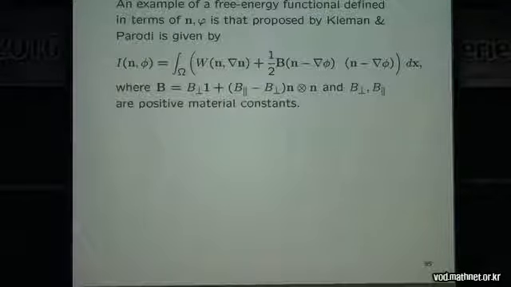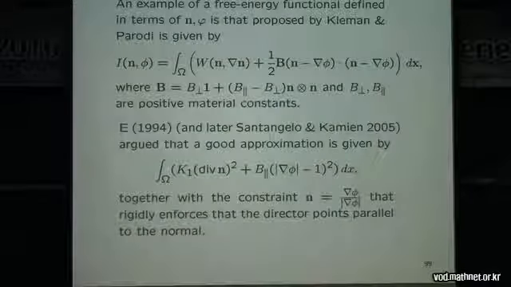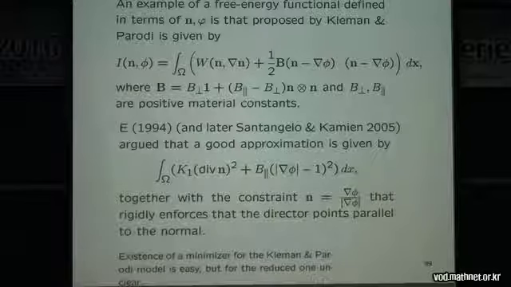Then Weinan E and later Santangelo and Kamien argued that a good approximation is given by this expression, together with the constraint that n is the gradient of phi over the absolute value of the gradient of phi. It's kind of interesting. For this model, it's easy to prove the existence of minimizers. For this problem, I've no idea how you do it.